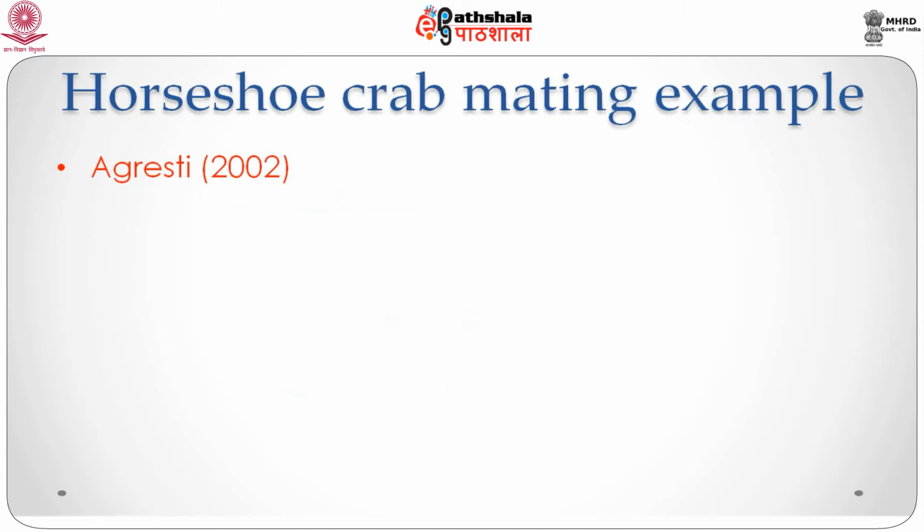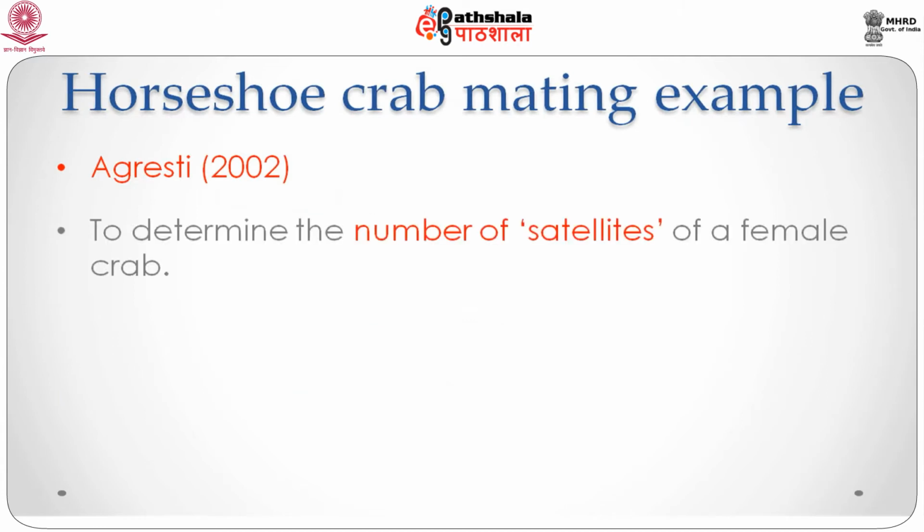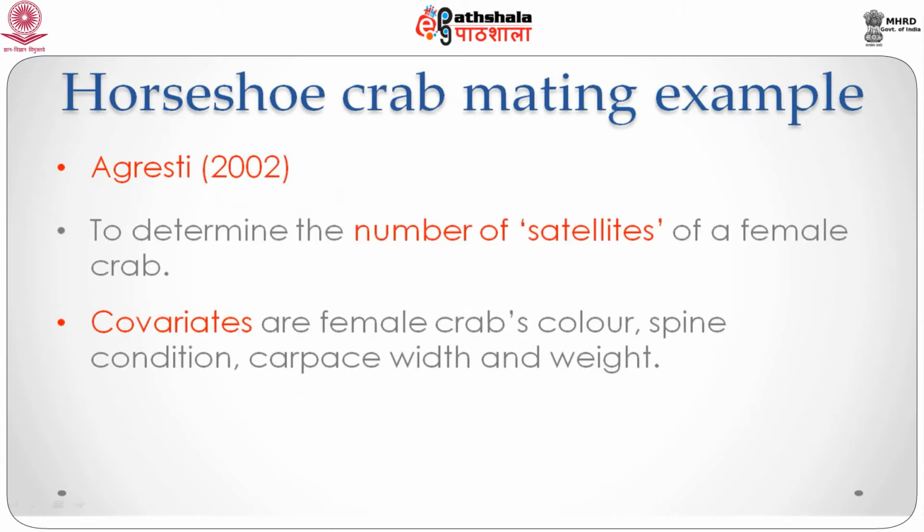Let us look at a data set on horseshoe crab mating, which has been discussed by Agresti in his book. The count data which I am concerned with here is the number of satellites of a female crab. By number of satellites, we mean the number of male crabs which reside near a female crab.